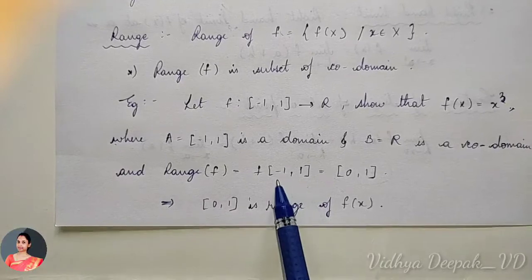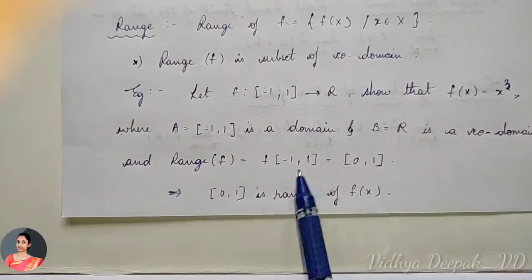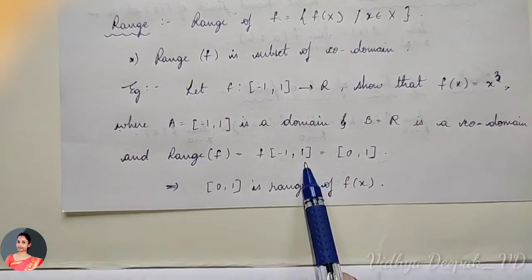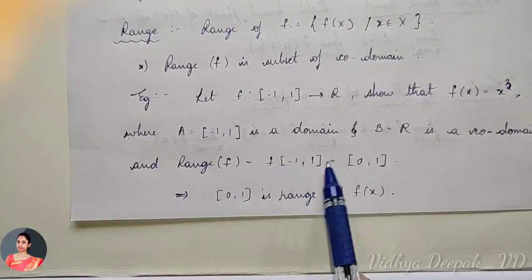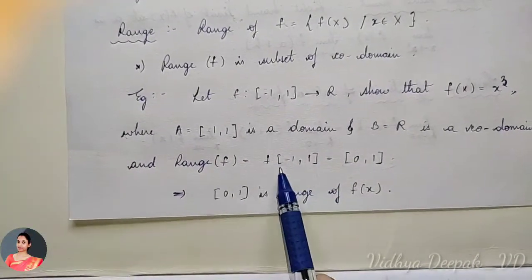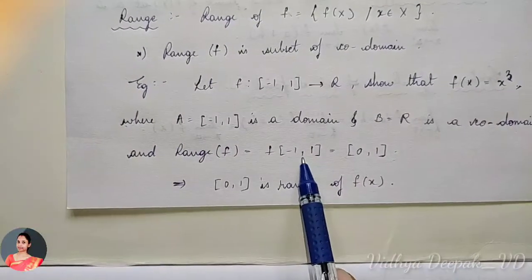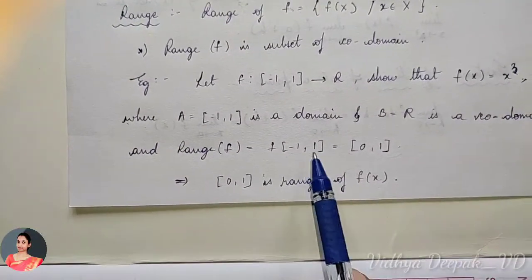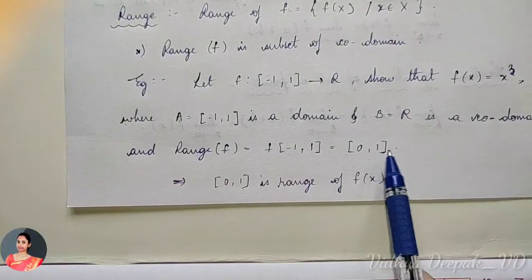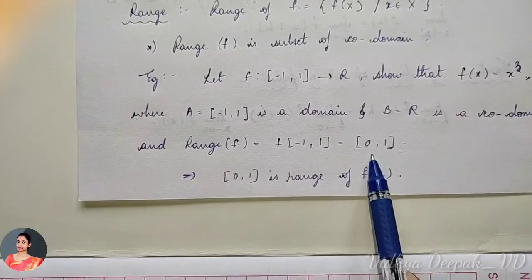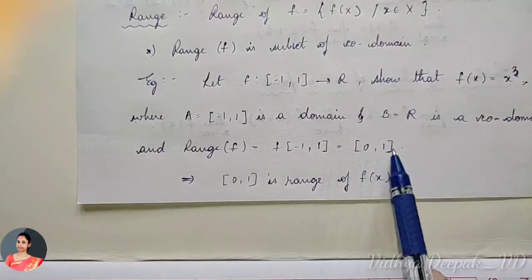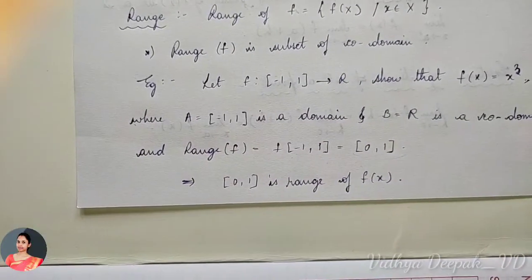Now -1 cube is -1, 1 cube is 1. So that is ranging in the closed interval -1 to 1. So -1, 0, 1, all the elements in between belong to the codomain set too, right? So from there, the range is a subset of the codomain. Yes, right? So this is the range of the given function.